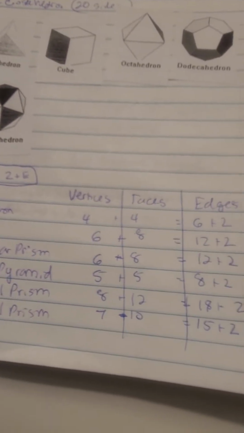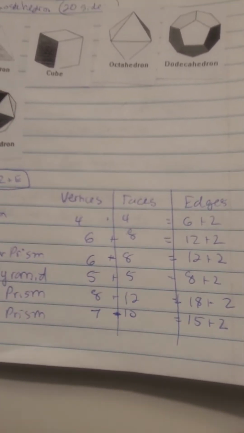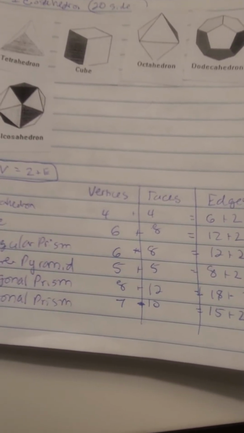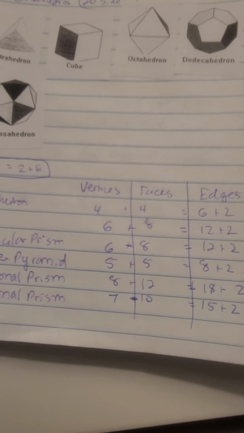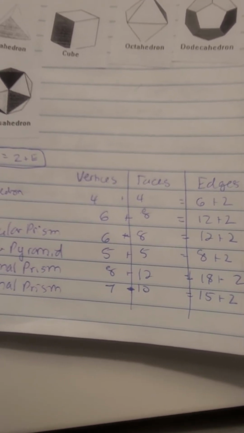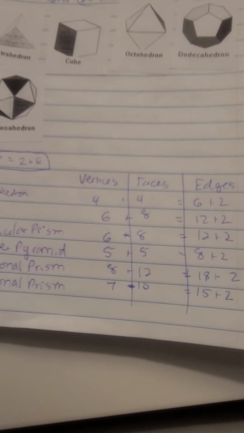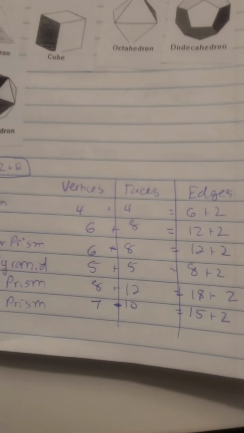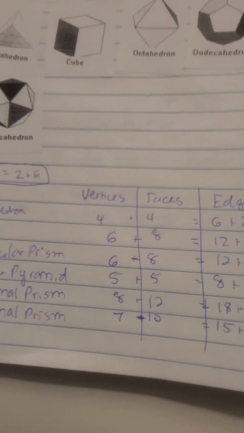And we learned how to figure out the vertices. We learned how to figure out how many edges there were. We learned a formula where you add the vertices and the faces, and it gives you the number of edges. They have to equal. So the vertices plus the faces of each one, like for instance, a cube has 6 vertices and 8 faces.